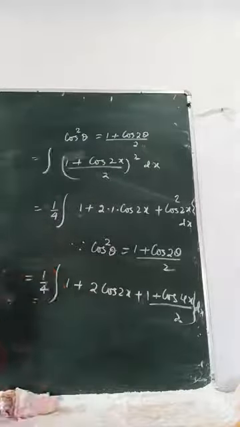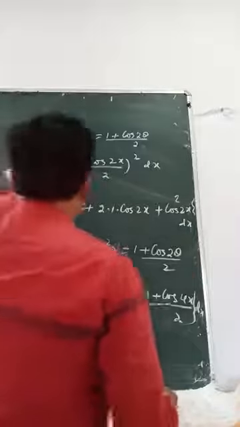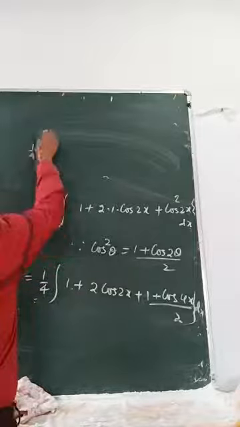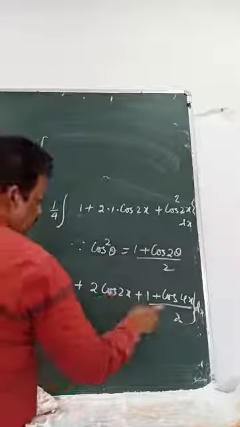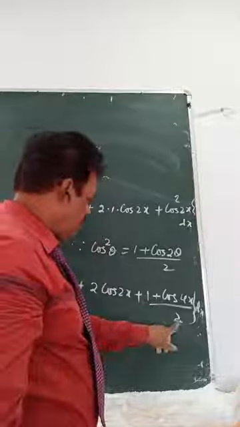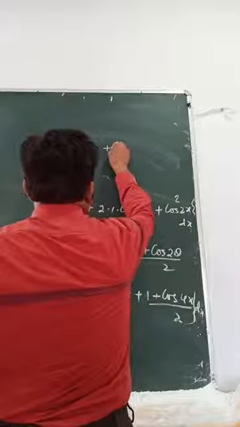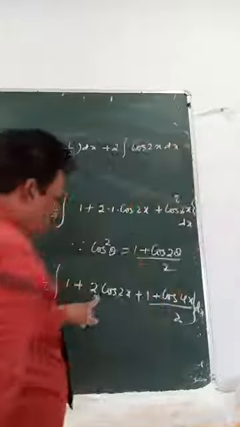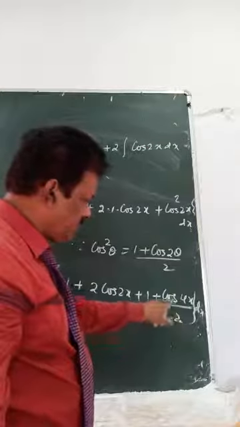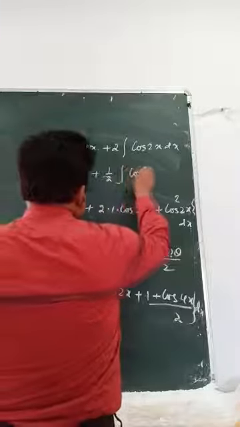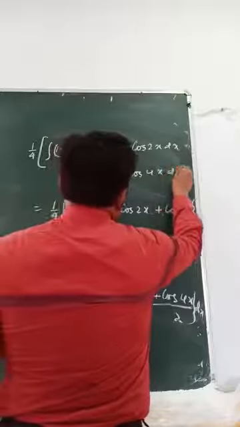So what shall I get? This is 1 by 4, 1 plus 1 by 2, 1 plus 1 by 2 dx. These two I combine. This will be 2 cos 2x. Again this 2 is also for this means half. So plus half cos 4x dx.